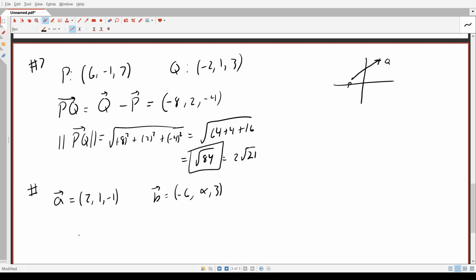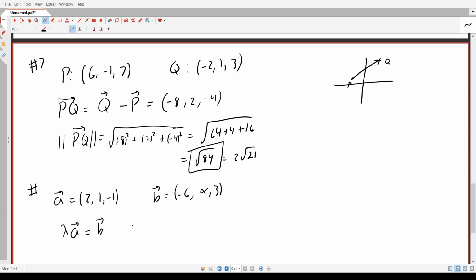Okay, so if it's parallel, then we know that A equals something times B. Right, so here this tells me that 2 equals something times minus 6, and then 1 equals that same lambda. You know what, I guess it'd actually be slightly easier to write it as the other way around, just to avoid fractions, but it'd come out exactly the same.